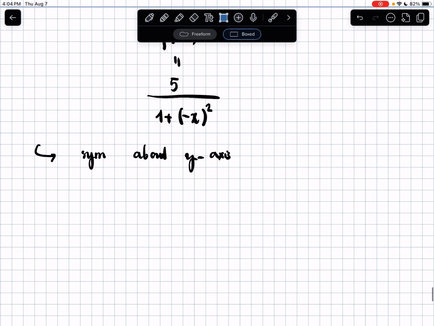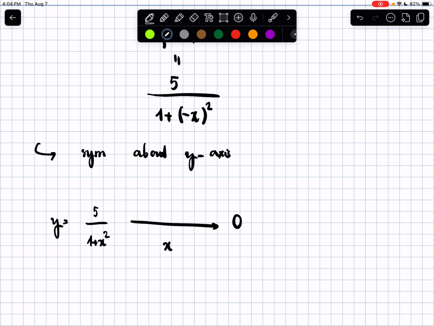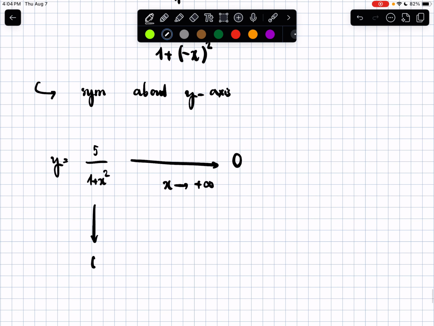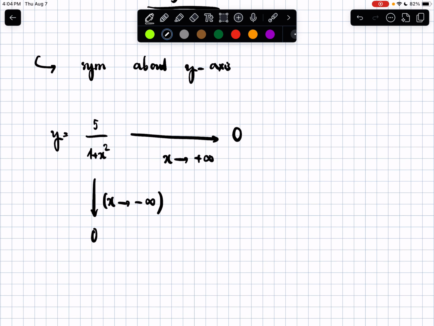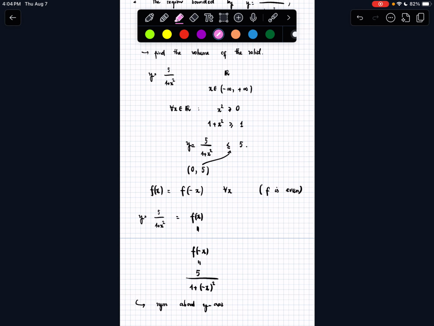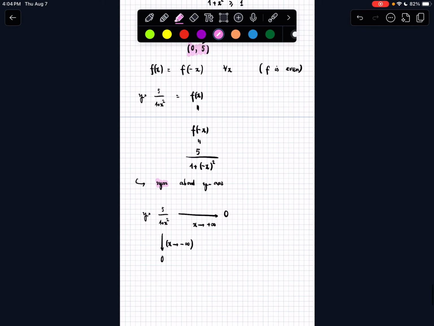So y equals 5 divided by 1 plus x squared tends to 0 when x tends to plus infinity, and it also tends to 0 when x tends to minus infinity, because it is symmetric. So it has a maximum at (0, 5), is symmetric about the y-axis, and tends to 0 when x tends to infinity.